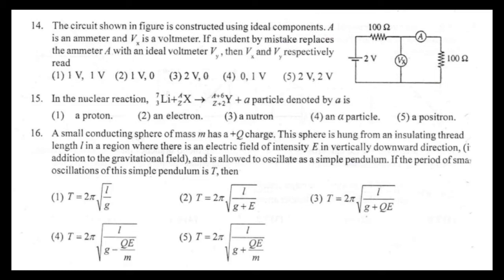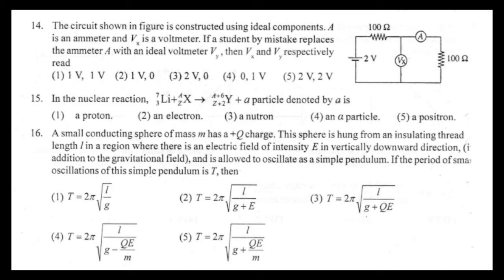Question number 15. The equation is given for a nuclear reaction, and the left hand side and the right hand side of the equation must be balanced with the mass number and the atomic number. When you look at the left hand side, the atomic number is Z plus 3, and the right hand side has Z plus 2, so the atomic number of A should be 1.